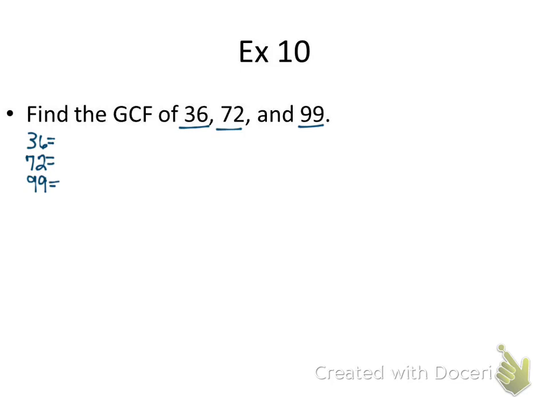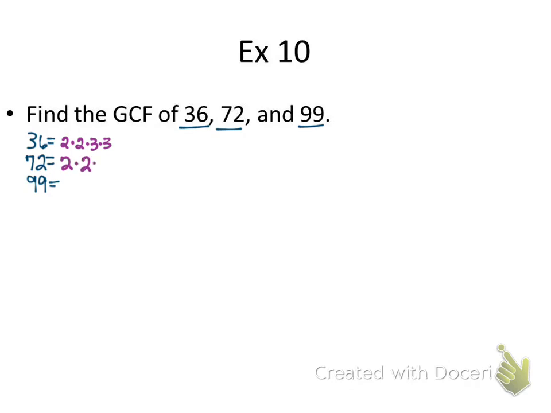All right, what are my prime factors for 36? 2, 2, 3, 3. So 2 times 2 times 3 times 3. All right, what are my prime factors for 72? 2, 2, 2, 3, 3.